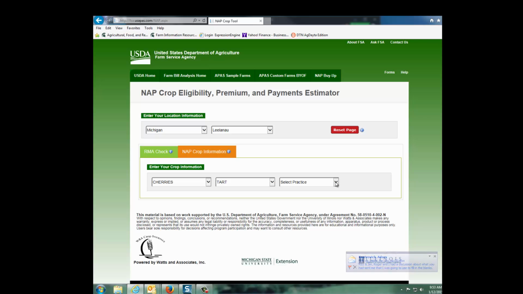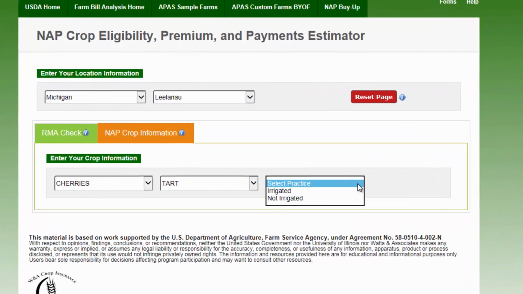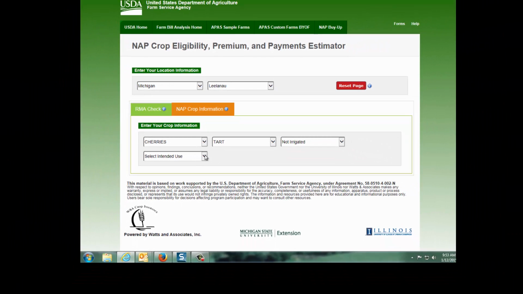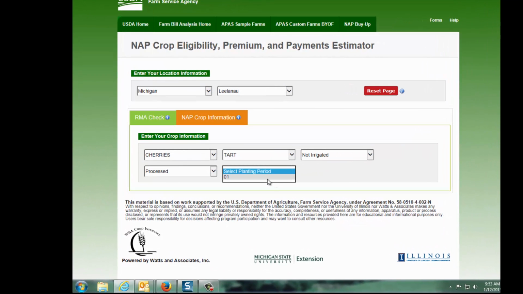Then we need to select a practice, and the two choices are irrigated and non-irrigated. We'll use non-irrigated. The intended use can be fresh or processed. For our example, we'll use processed. And then you have to select a planting period. In this case, there's only one, but it is necessary to click it in order to move along in the program.